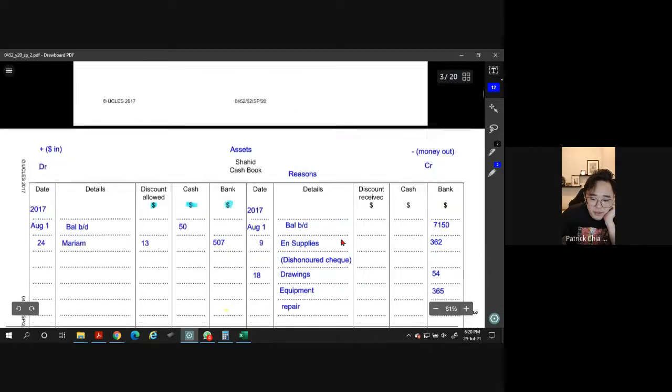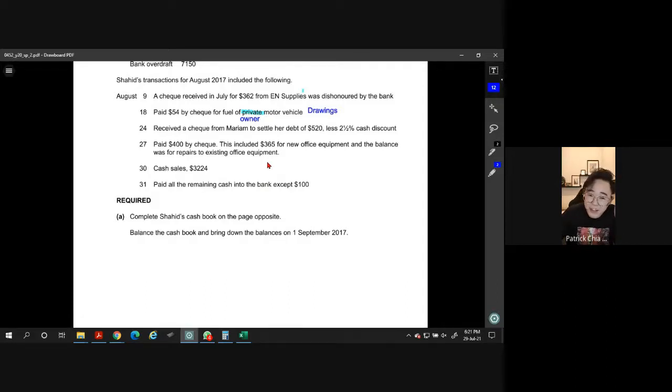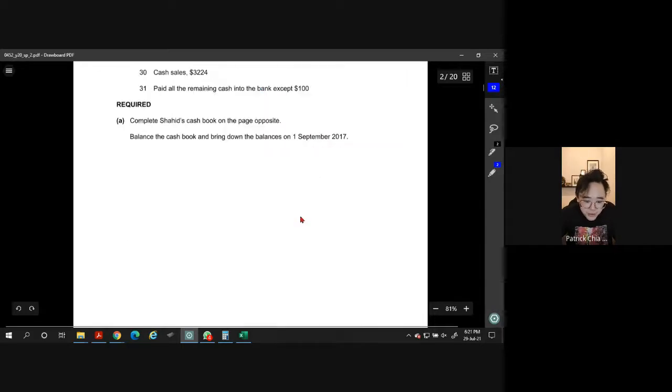The question says paid 400 by check, this included 365 for new office equipment and the balance was for repair to existing office equipment. You can either write repair to office equipment or just write repair. Just writing repair will do. Any questions here? Okay, so this is on 27.